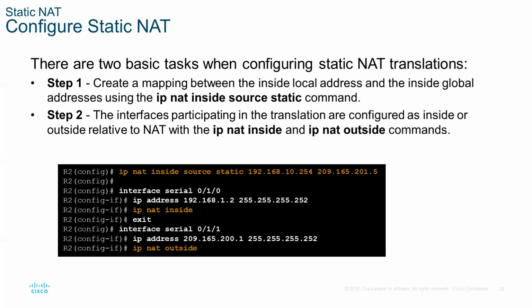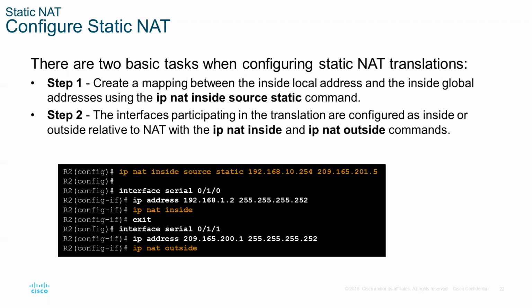So the first step is the mapping. The command for that is ip nat inside source static 192.168. So basically what we're doing is the source of our inside local to our inside global. So the address we're translating internally to the external address.